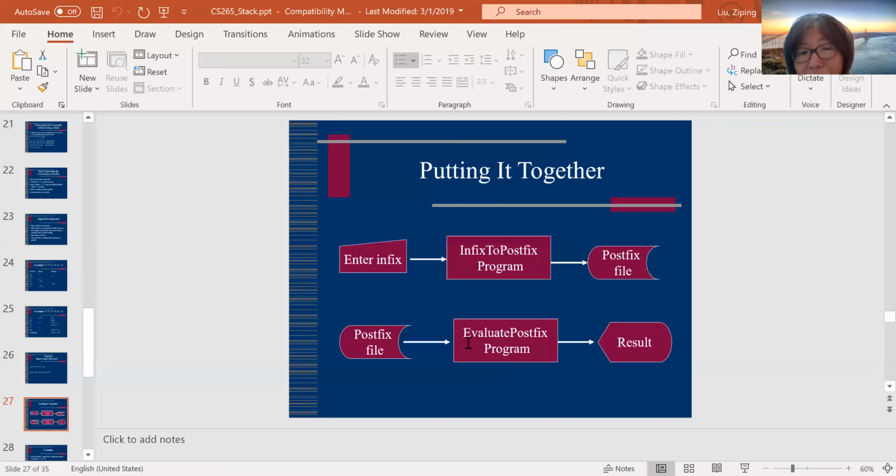After this, if you have plenty of time at home, you can try to write a simple calculator. This calculator allows you to enter numbers and expressions in infix format.